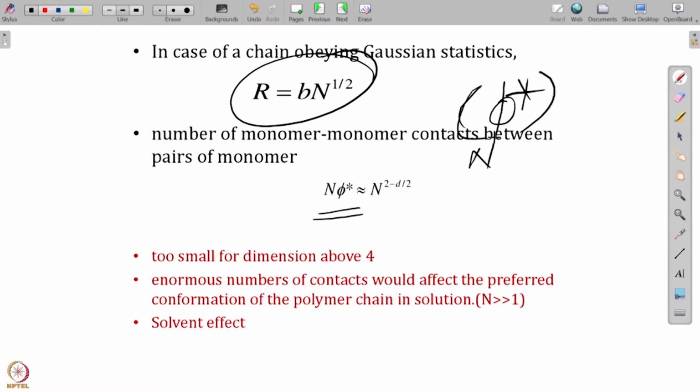It can be shown that phi star is the number of contacts made by each monomer.